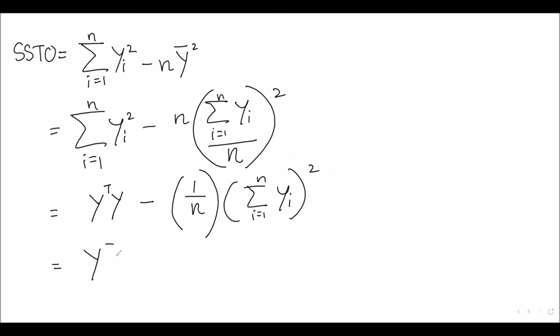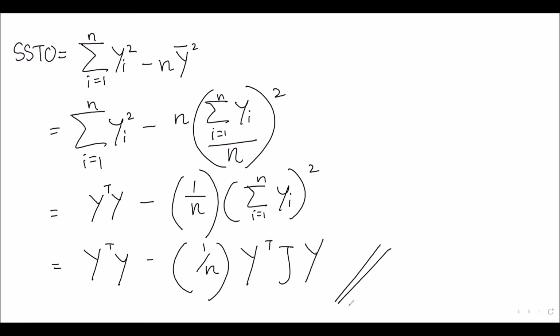So this is the answer I expected from you. Easy, right? The decision that you have to make is to reform this one like this, and then of course substitute the results that you know.